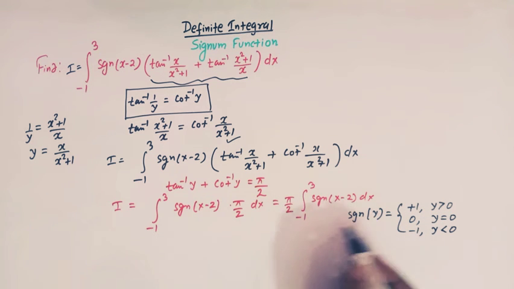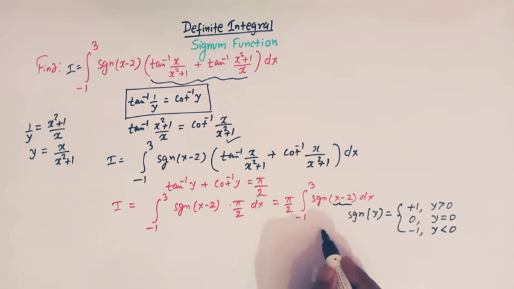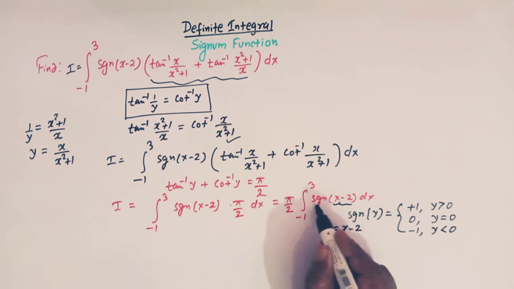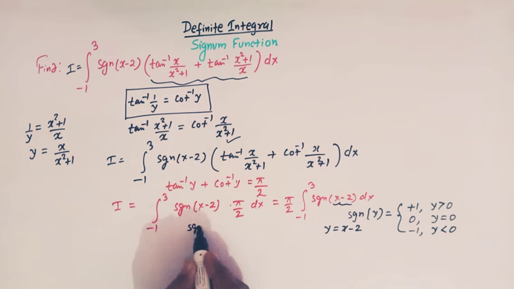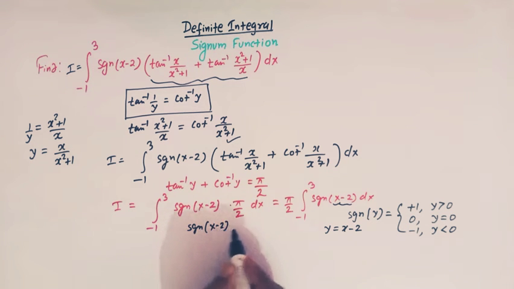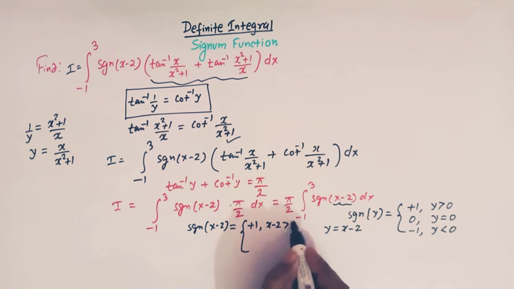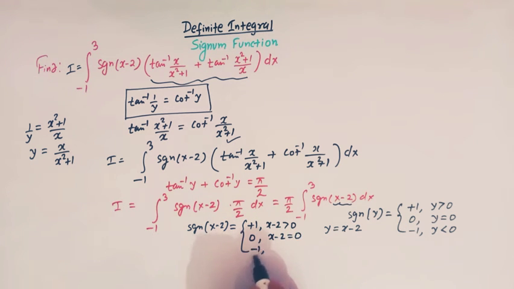Now if we take y as x minus 2, then signum of (x minus 2) is equal to plus 1 whenever x minus 2 is greater than 0, 0 whenever x minus 2 is equal to 0, and -1 whenever x minus 2 is less than 0.